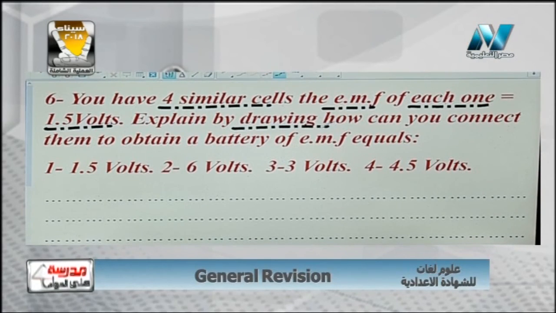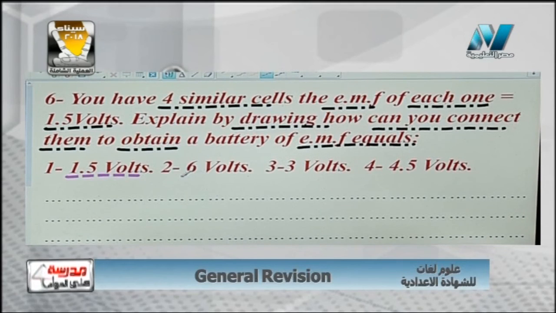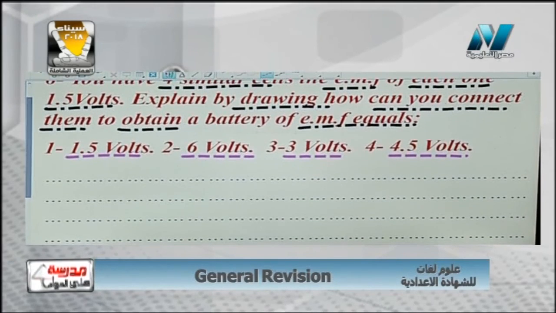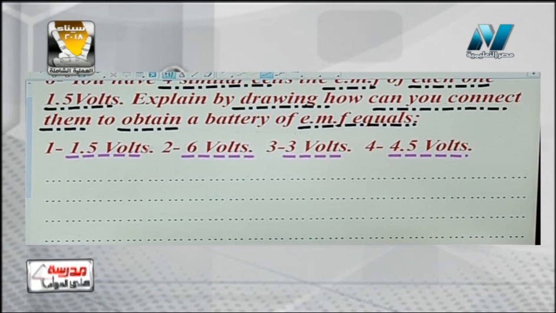Explain by drawing how you can connect them together to obtain a battery of electromotive force equal: first 1.5 volts, second 6 volts, third 3 volts, fourth 4.5 volts. Let's see them together. So be careful. How do I solve the first one? All of them are 1.5 volts and all are 4 cells.